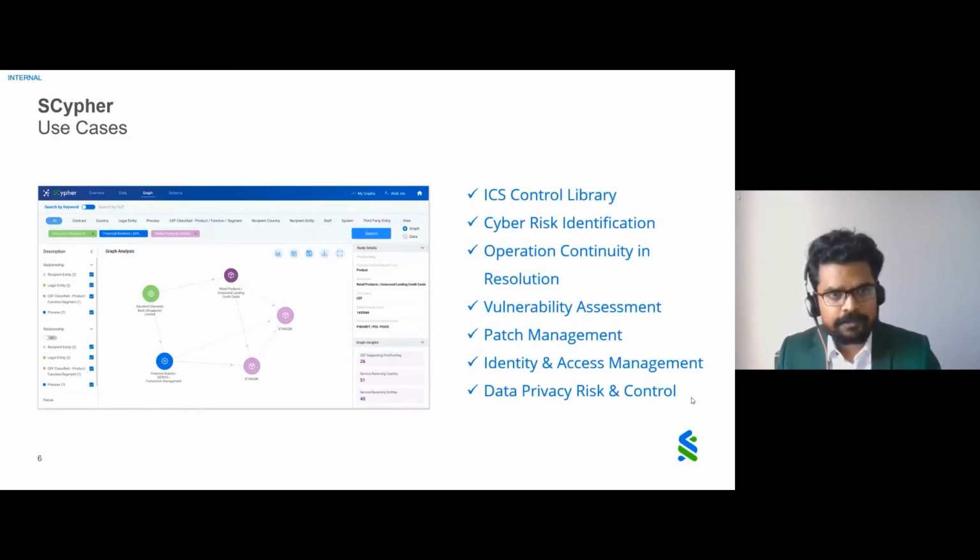So if you see Cypher, one of the use cases which we have currently enabled is the control library. This is the cyber security control library. The bank has a very broad cybersecurity policy which has been established as part of our ERM framework, and it has about 900 controls.